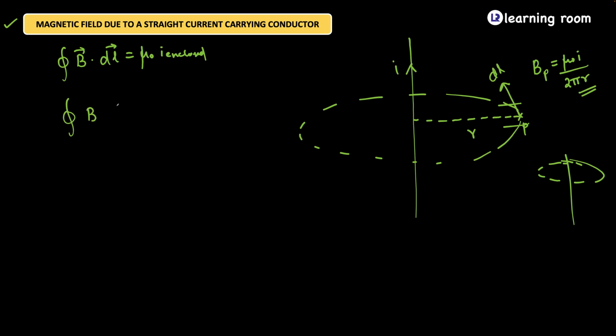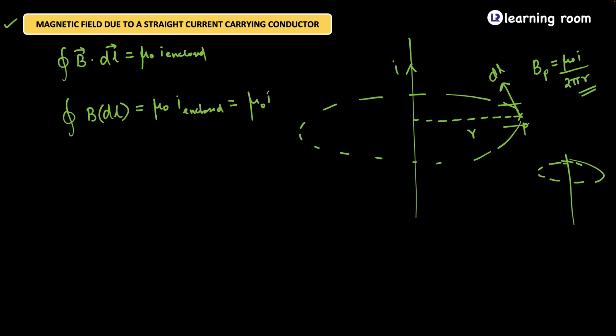So it will be B into dl is equal to mu naught into I enclosed. Mu naught is mu naught only. What is the total current enclosed by this Amperian loop? What is the total current flowing through this conductor? It is I. So I'll write I here.